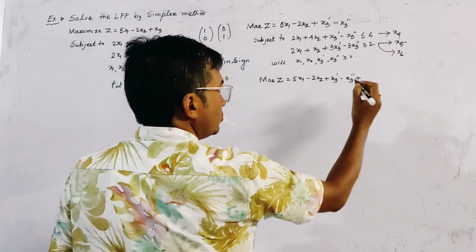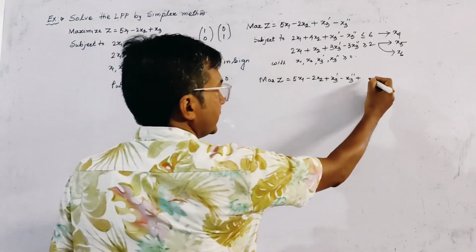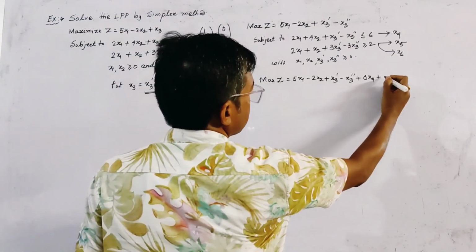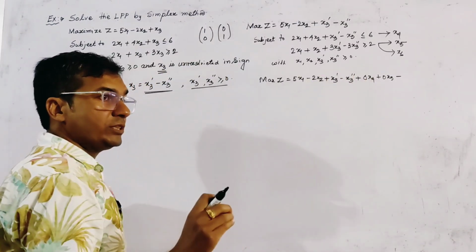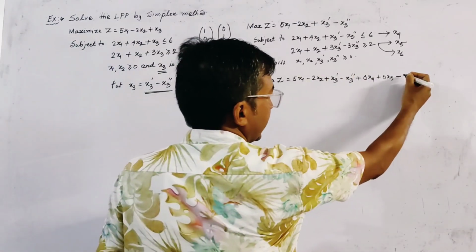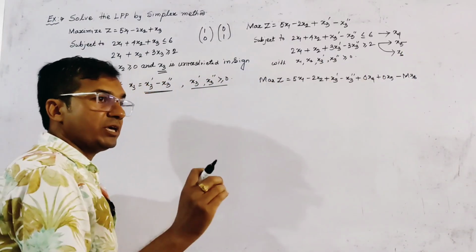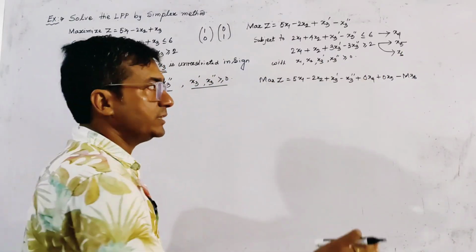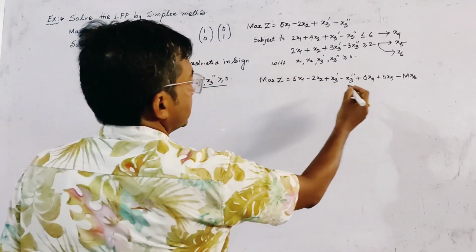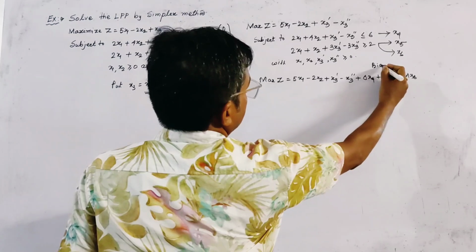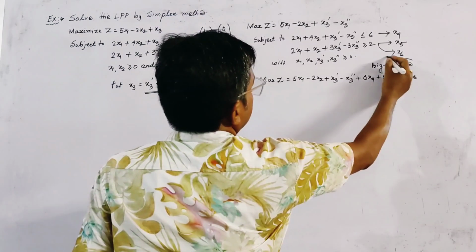We introduce the slack and surplus variables in the objective function with 0 coefficient, that is 0x4 plus 0x5, but the artificial variable with the coefficient minus M, that is minus M into x6, and M is very large or big. For this reason, this is known as big M method. We write here big M method.